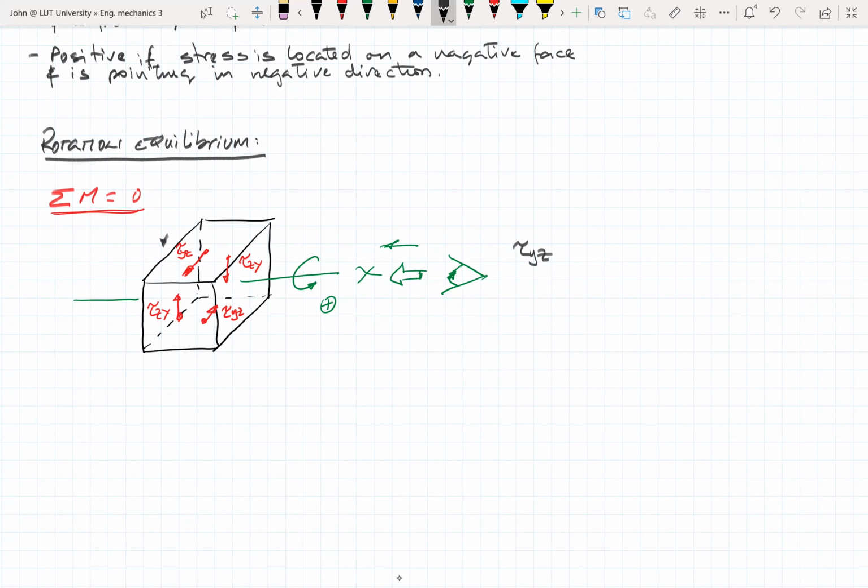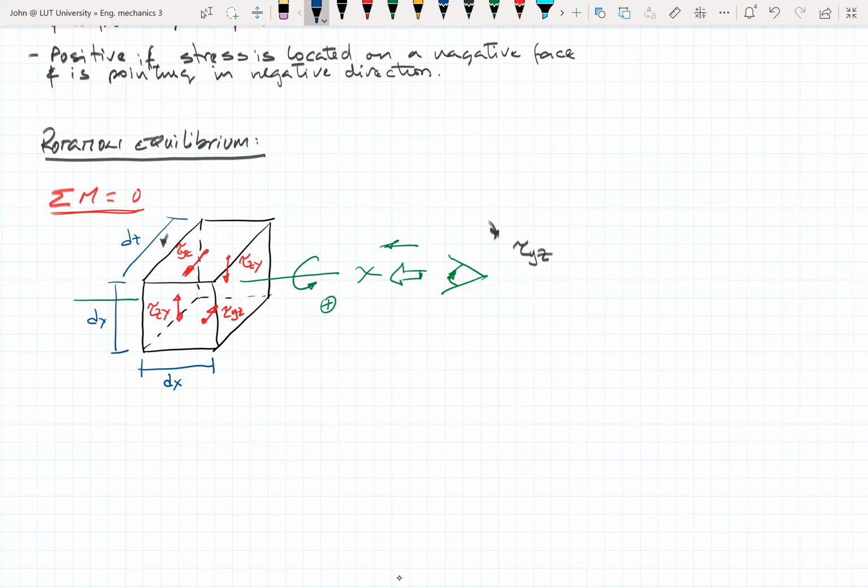This is a stress, but I need to transform it into a force. To do this, I need additional information: the dimensions of the cube. I'm going to say that this cube has a dimension in x, dx, a dimension in y, dy, and a dimension in z, dz.